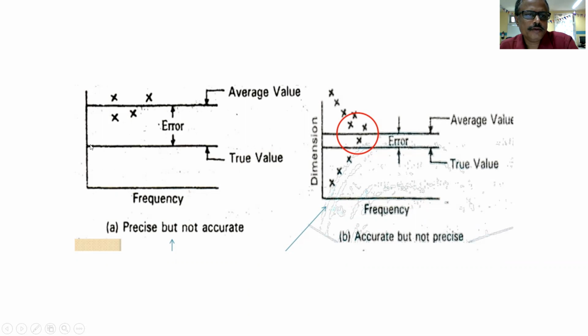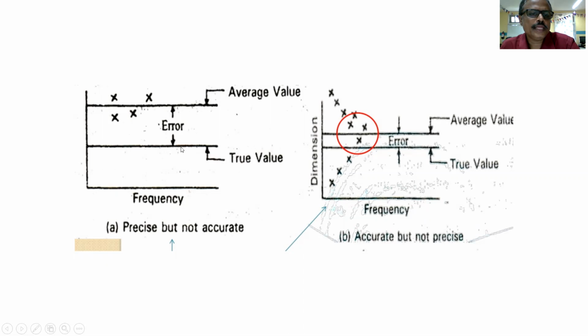True value means it is near perfect value. How to get this true value in any experimental setup? We have to take at least 3 or 5 readings, add those readings and divide that answer by the number of observations. That value is called the true value.